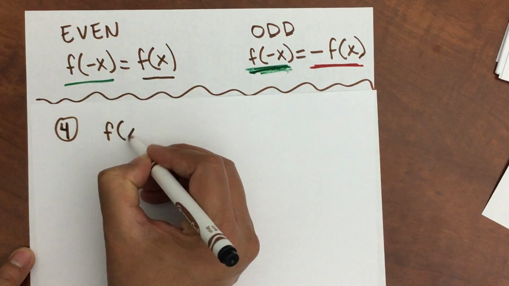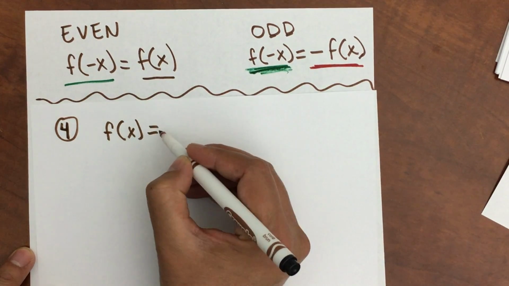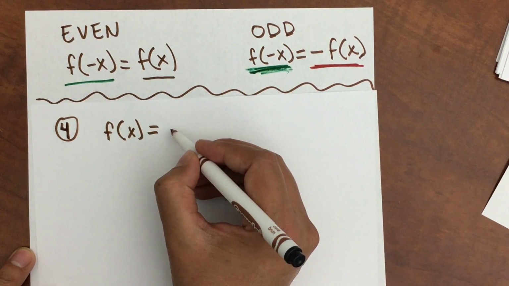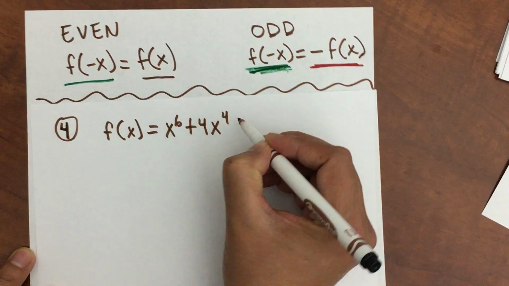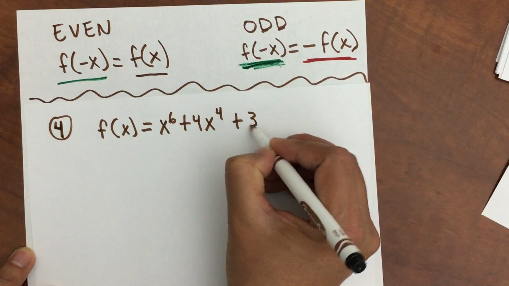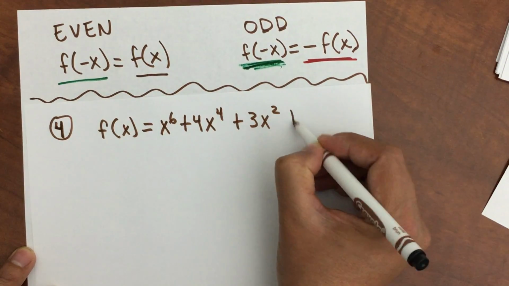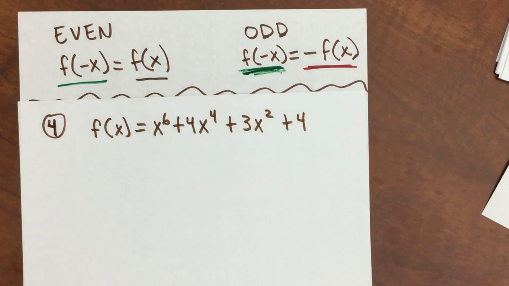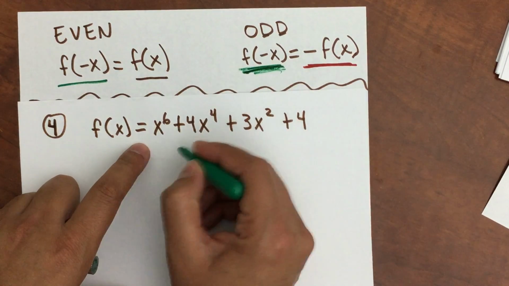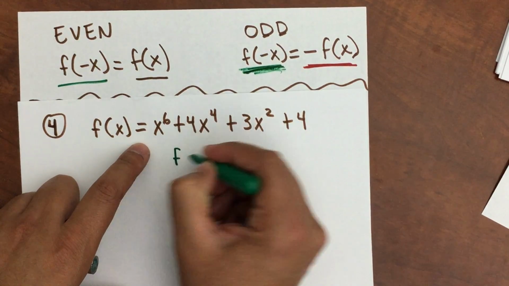So now this one is f of x is equal to x to the 6th plus 4 times x to the 4th plus 3x squared plus 4. Whoa, that's long. That's okay, as long as you just replace it. Since I don't have enough space, I'm just gonna put it down here.